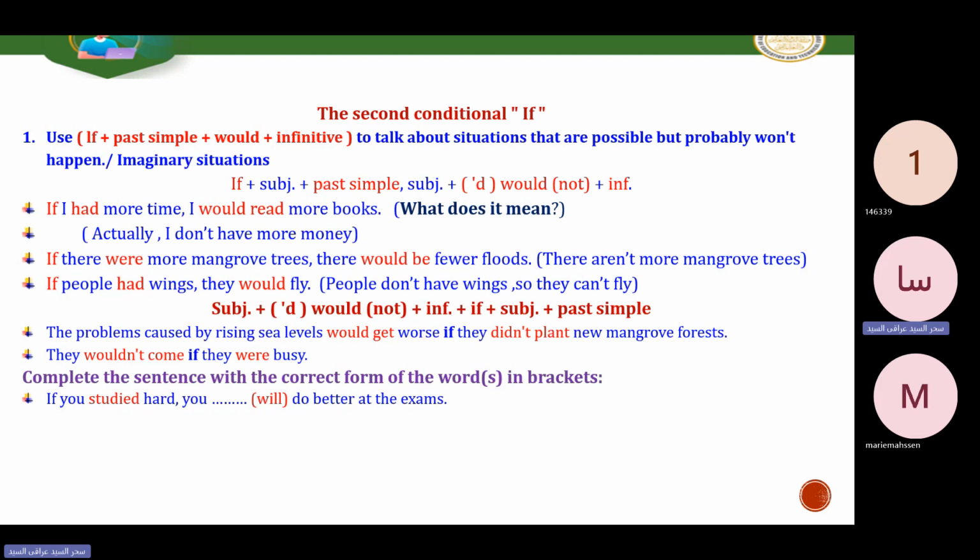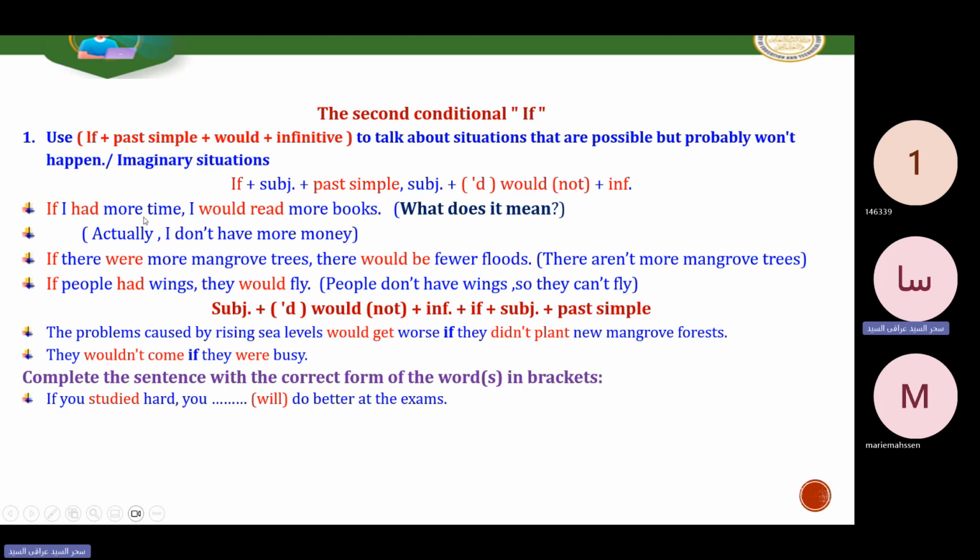Second conditional "if". Okay, let's start with this example at the beginning. If I had more time, I would read more books.